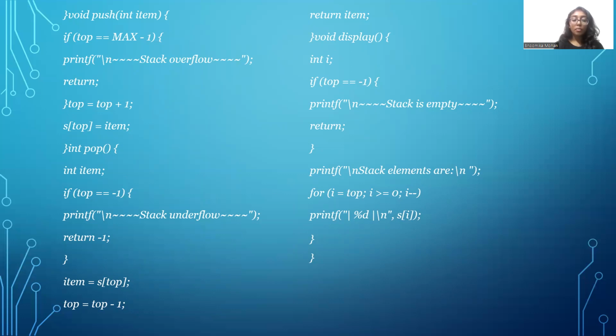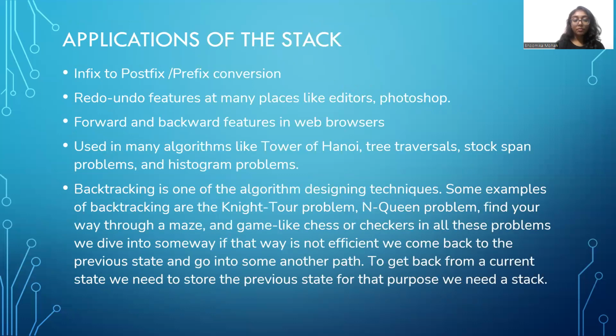Item equals s of top, top equal to top -1, return item. Void display, int i. If top equal to -1, we are printing stack is empty, return. Printf, here we are printing stack elements are, for i equal to top, i greater than equal to 0, i minus minus, we are printing the elements of the stack and closing the braces.